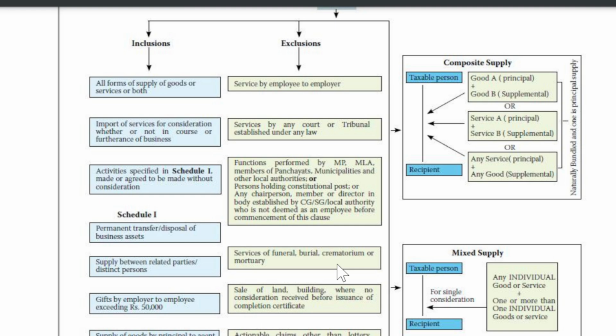Hence, each distinct person is a part of the same company, whereas related parties means that it is not the same company. It is related.